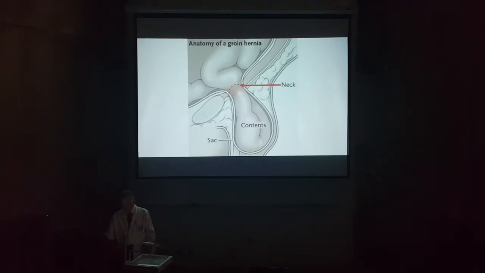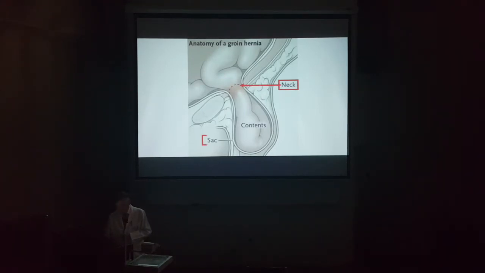A neck. We always ask ourselves, is the neck wide or is it narrow? If it is narrow, we worry about it because it may affect blood supply of the organ, and the organ will be ischemic, and that is an emergency.